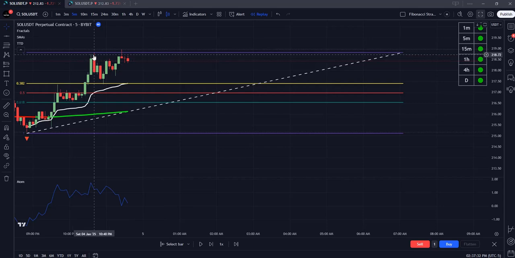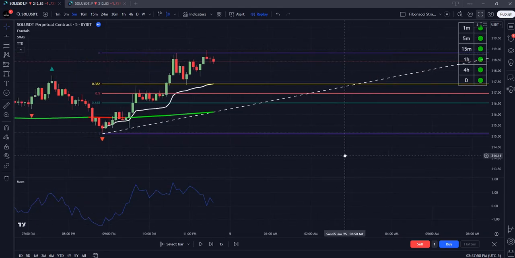This was the resistance level, the highest candle, and then it went down a little bit, came back up, and this one wicked up higher than this one. Now in this case we're looking for a short, because the price is going up, it's going to bounce and come down. So let me make this a little bit bigger.